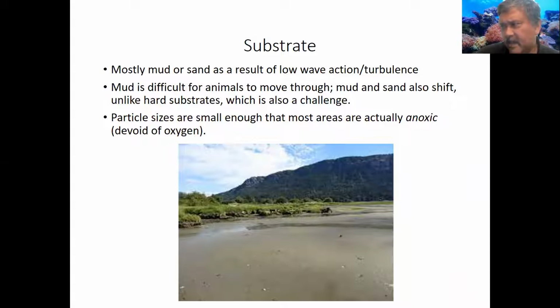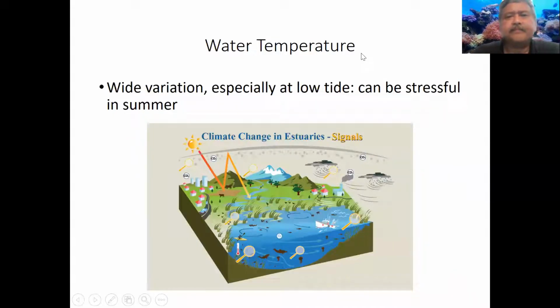You have what's called an anaerobic environment, so there's no oxygen, and different bacteria try to extract energy from the area, but they don't have oxygen, so you get that stinky smell. There are sulfurous bacteria that do this, and that's why you get that smell in the estuary region.